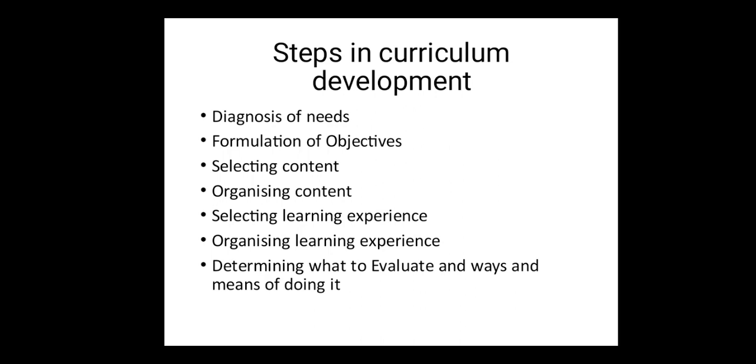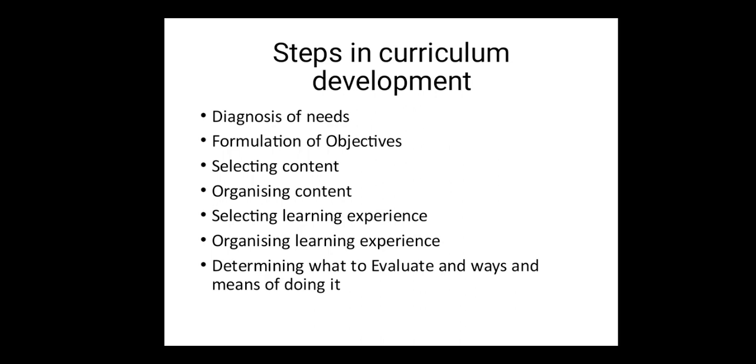So these are the 7 steps in the model for curriculum development proposed by Taba. So it begins with diagnosis of needs of learners. Learners' needs have to be diagnosed as the first step of curriculum development. That's why it is called grassroots approach, because it starts from the roots, the learners.